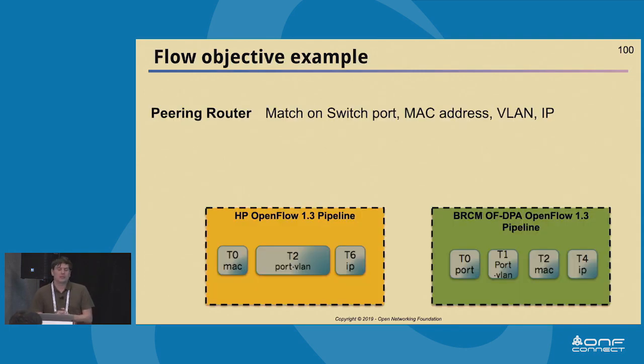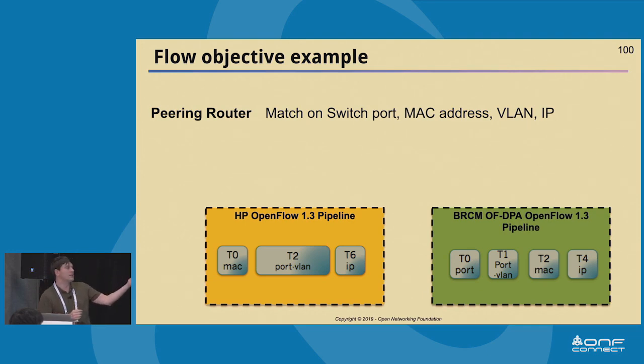Just to give you an example, assume we want to implement a peering router that wants to program our devices using forwarding entries that match on the switch port, the MAC address, the VLAN, and the IP address. If we have devices from different vendors, here we make the example of OpenFlow 1.3, that's why the Flow Objective API was introduced, because with OpenFlow 1.3 we started to see differences in how vendors implemented the protocol, and differences in the pipelines.